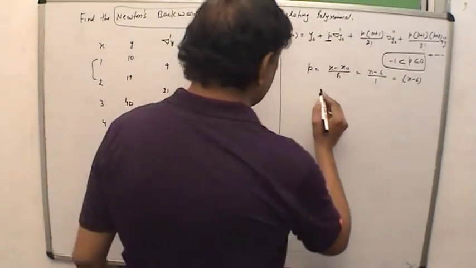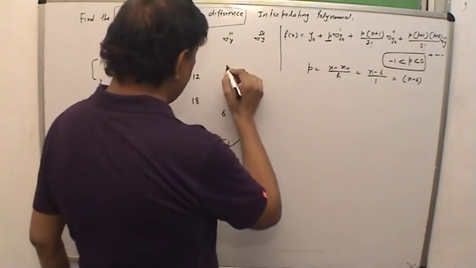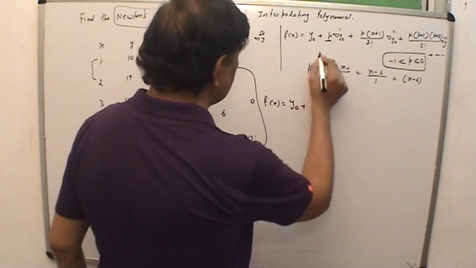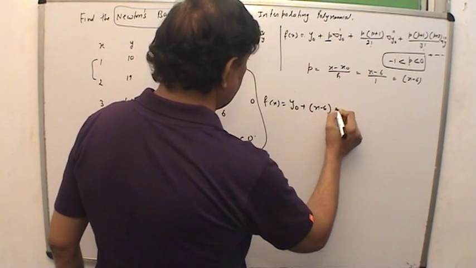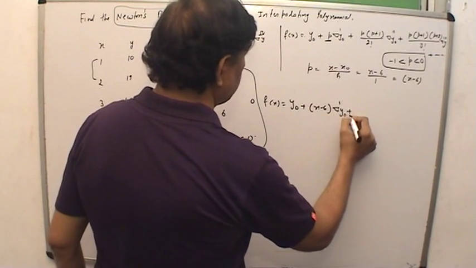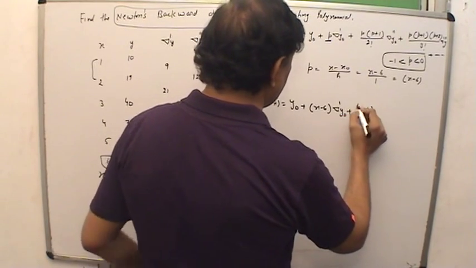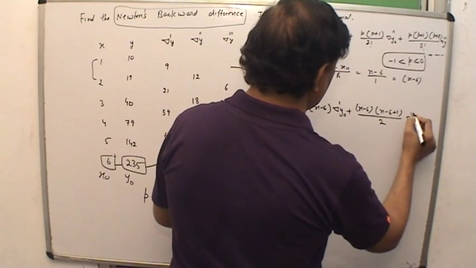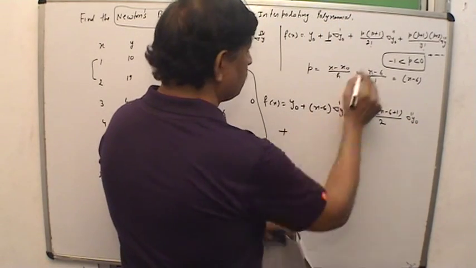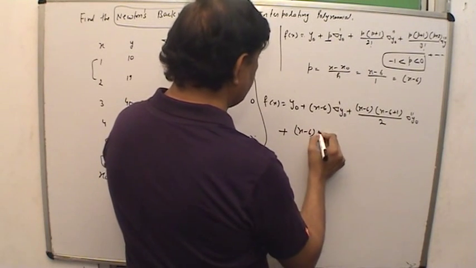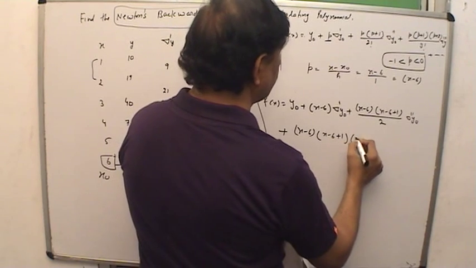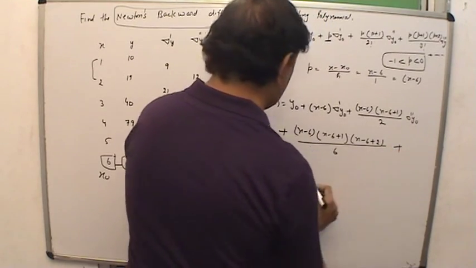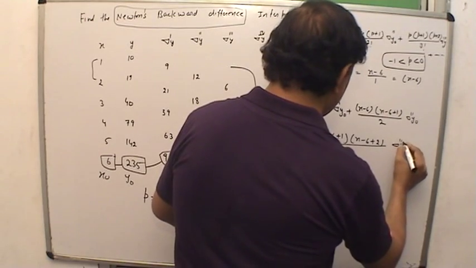In this way, we change this formula: f of x is equal to y0 plus x minus 6 into delta 1 y0 plus x minus 6 into x minus 6 plus 1 divided by 2 into delta 2 y0 plus x minus 6 into x minus 6 plus 1, x minus 6 plus 2 divided by 6 into delta 3 y0.